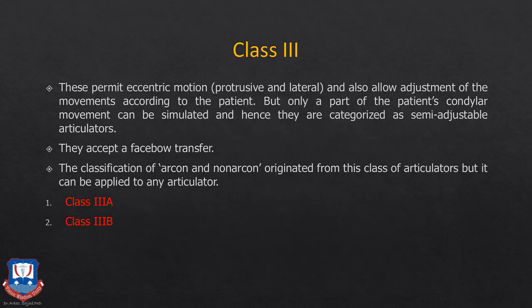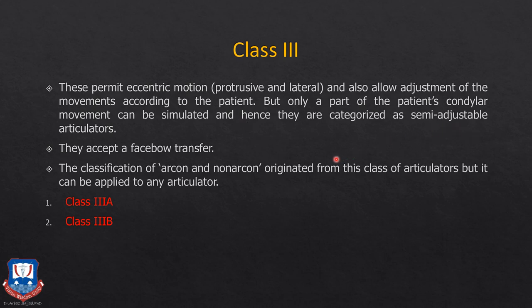So next, coming to the class 3 articulators. These are articulators slightly better. They accept the eccentric motion, that is protrusive and lateral records, and also allow the adjustment of the movements according to the patient. But only a part of the patient's condylar movements can be simulated here. Hence, they are categorized as semi-adjustable. These articulators accept protrusive and lateral records.